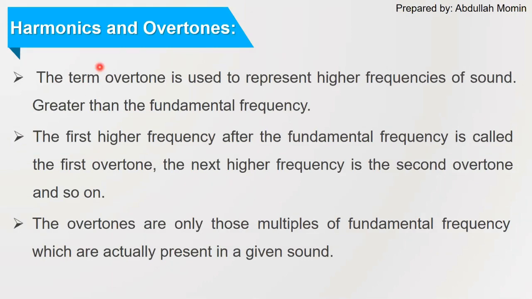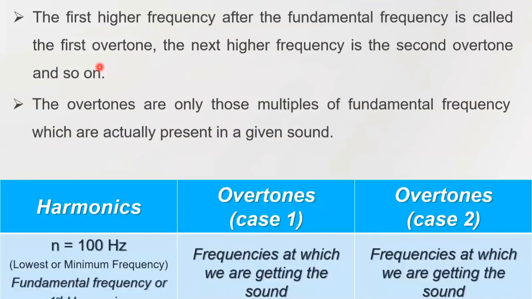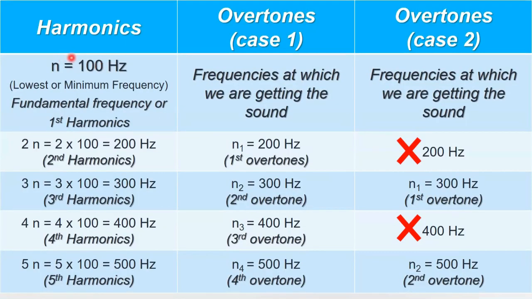Let us understand this concept more clearly with the help of this table. This table contains 3 columns. First column is of harmonics. Second and third columns are of overtone. Some musical instruments behave like case 1.